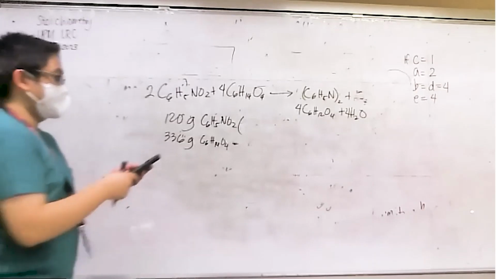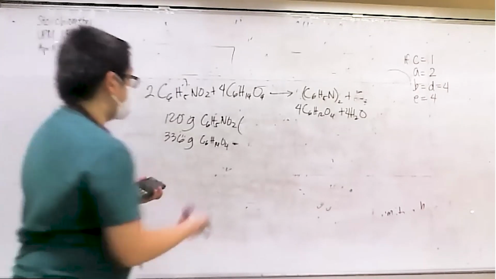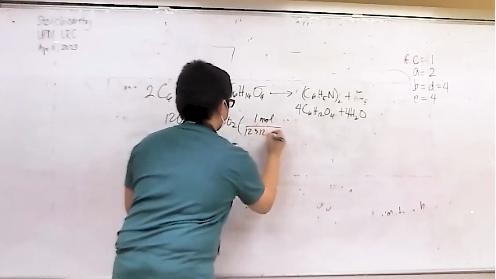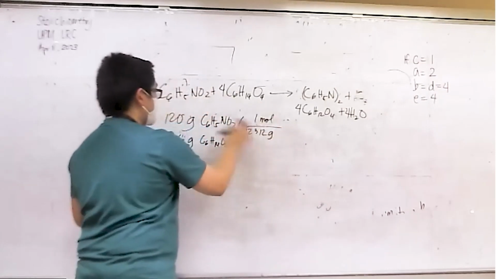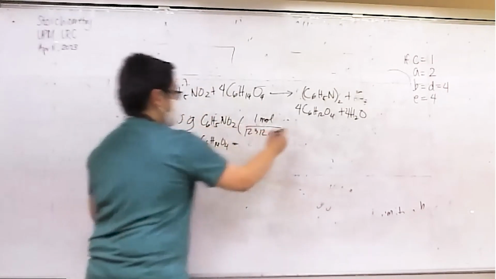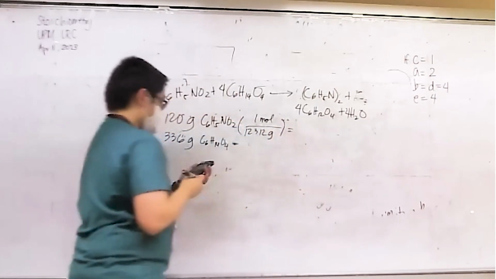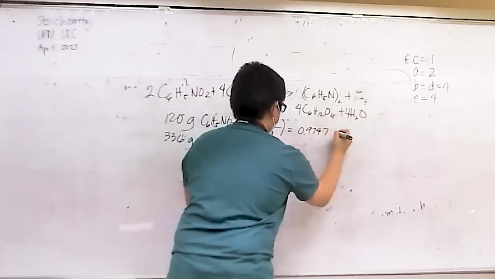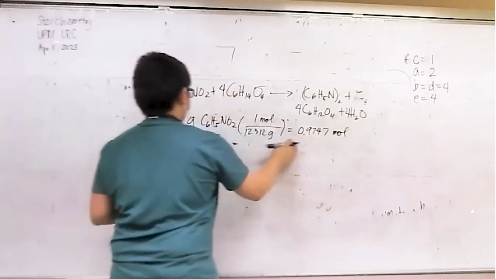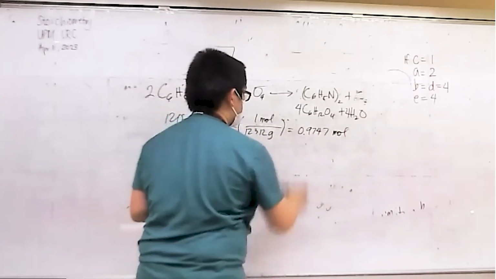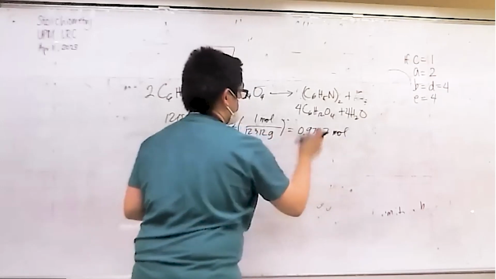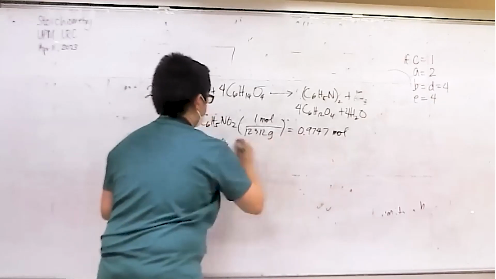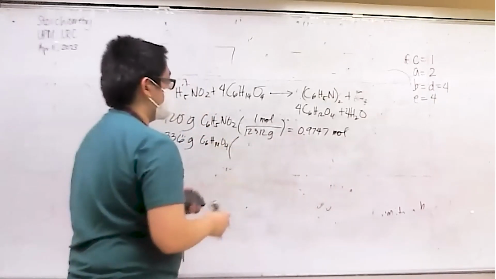Correct me if I'm wrong lang. 1 mole is equal to 123.12 grams. Ito yung molecular weight ni nitrobenzene. So, by computing it, you get 0.9747 mole. And this is at a rough estimation lang, so wag nyo pa rin round off. Pero technically speaking, you don't round off kagad.